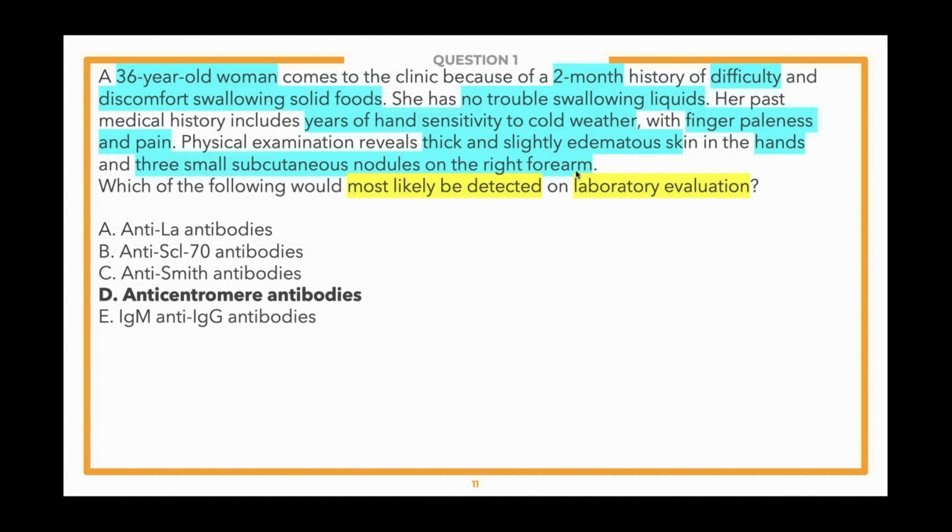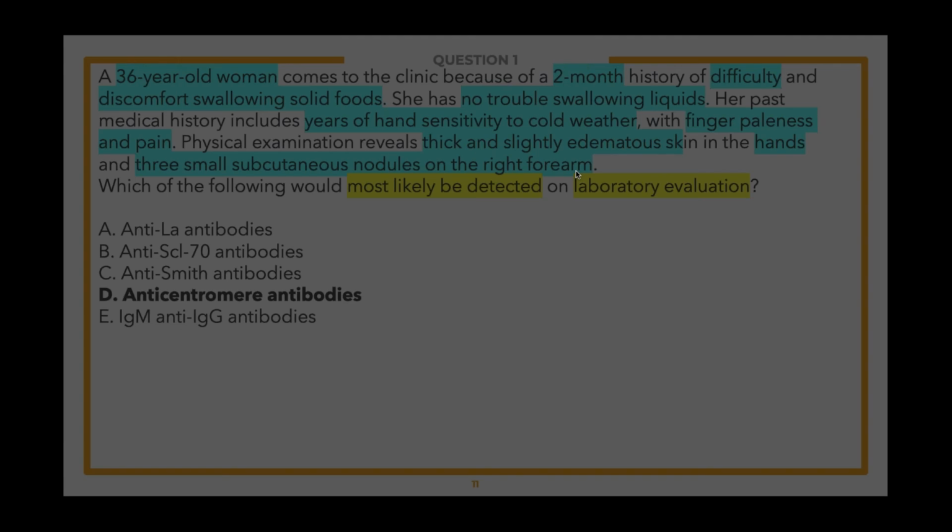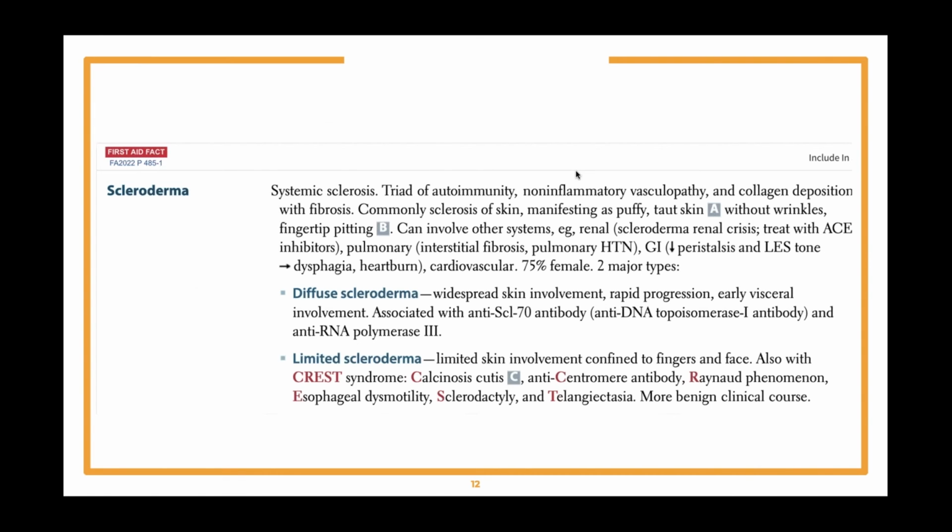So let's take a look at the next slide where we look at scleroderma. This is basically where you get sclerosis, or thickening, puffiness and tightness of the skin. The main differentiating point is you want to determine: is this more diffuse scleroderma or more limited scleroderma?